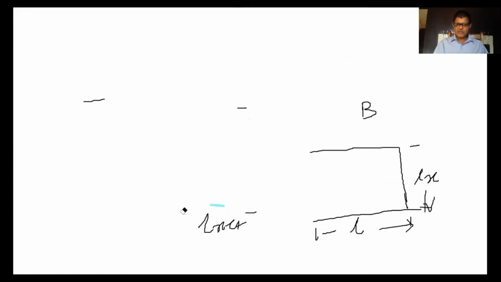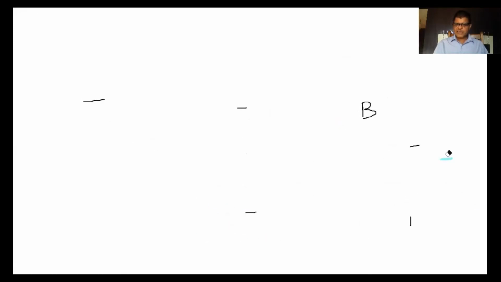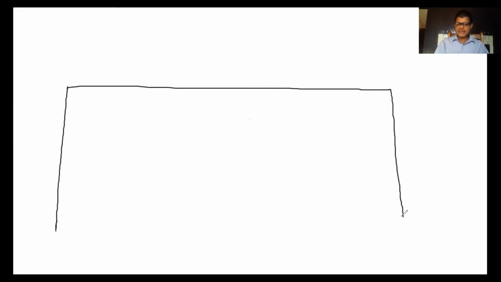One is continuous, one is discontinuous. All these things we can discuss in a better way here itself. Now let me draw a building roof. You have a number of spans and number of panels in this building. So let's take it this way.